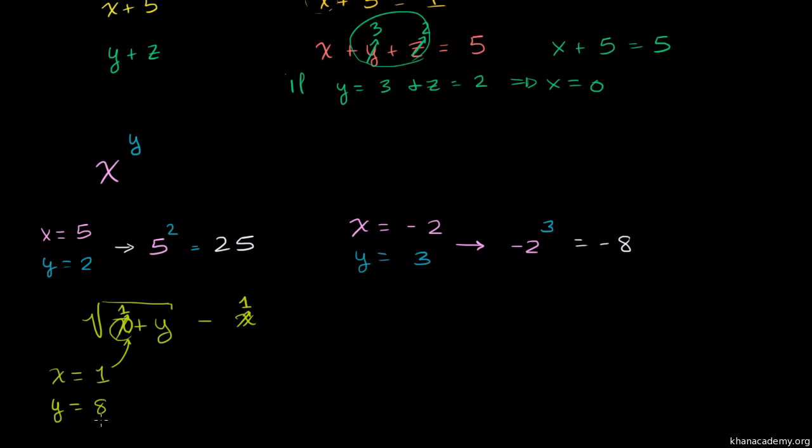And every time you see a y, you would put an 8 in its place. So under the radical sign, you would have 1 plus 8, so you would have the principal root of 9, which is 3. And then you'd have 3 minus 1, which is equal to 2.